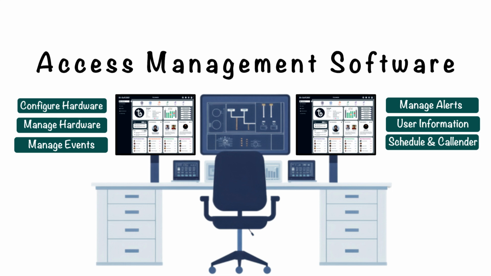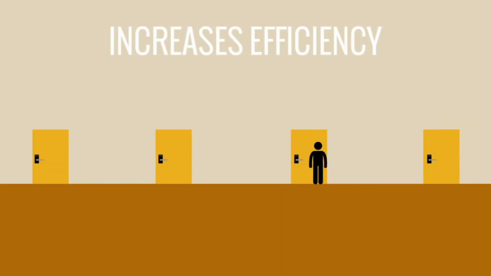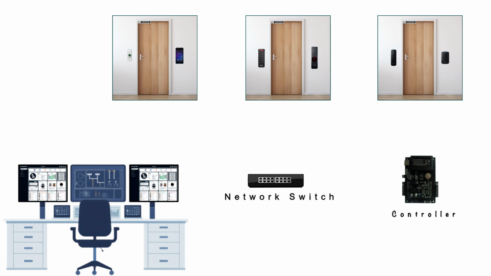And it enables centralized management without the need to visit each and every individual reader or door to update access permissions. These hardware and software work seamlessly together to ensure efficient and secure access management.